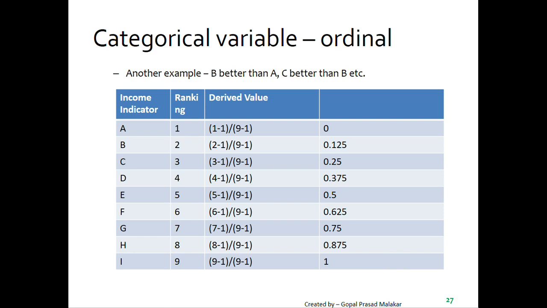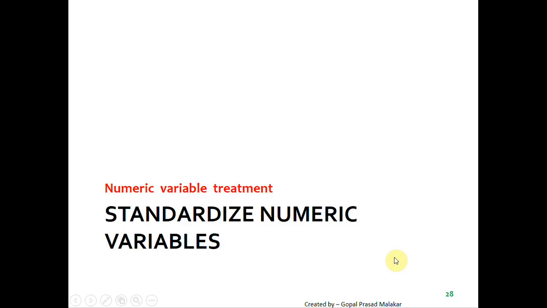Now look at how to standardize a numeric variable. Numeric variables, if they are on different scales, can cause problems, like one particular variable itself can dominate the principal component. So what is the right way? The right way is to standardize it.